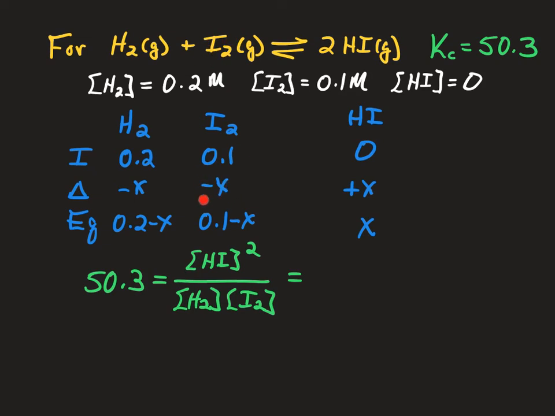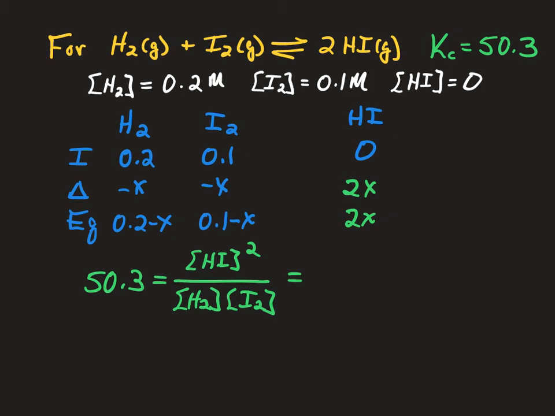If x of these are used up, then that means we're going to have to make 2x of that, which means our final concentration here is going to be 2x. We almost really messed up our problem. Got going too fast and didn't pay attention to that stoichiometry.